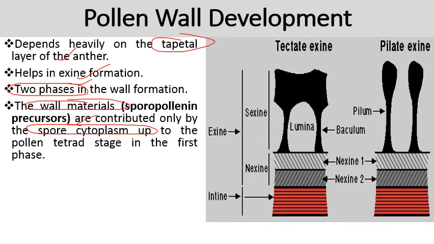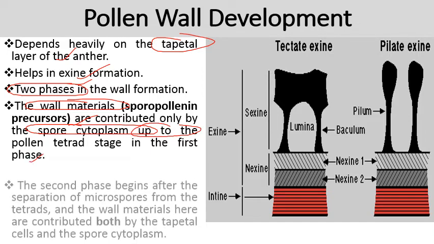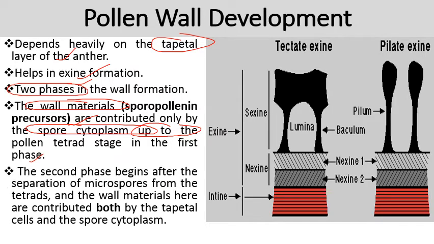This is the first phase, up to the pollen tetrad stage, while the second phase begins after the separation of microspores from the pollen tetrad. जब microspore separate होते हैं pollen tetrad से, and the wall material here is contributed both by tapetal cells as well as by the spore cytoplasm. तो दोनों ही चीज़ें involve होती हैं इसमें, that is tapetal cells as well as the spore cytoplasm, which helps in formation of the pollen wall.